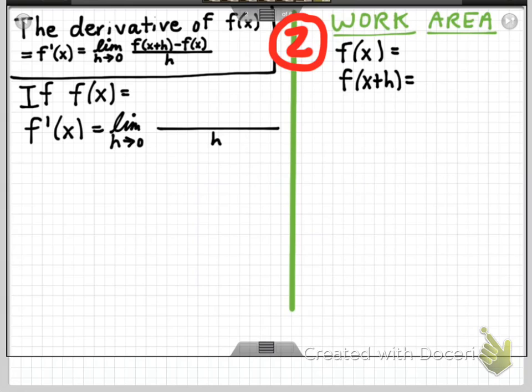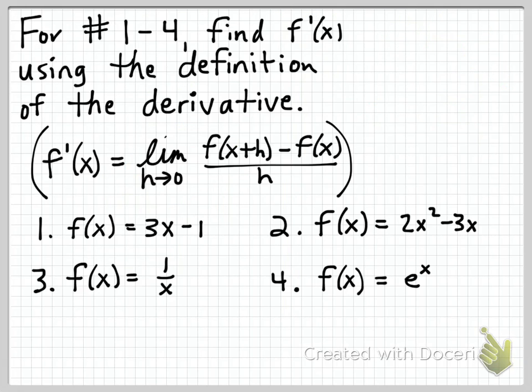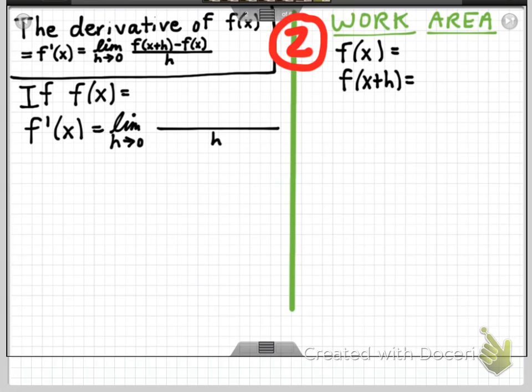Now for the rest of these, for number 2 I'll walk you through it, and the other ones I'll just show you the total solution. So our f of x is 2x squared minus 3x, and we put it in 2 places.